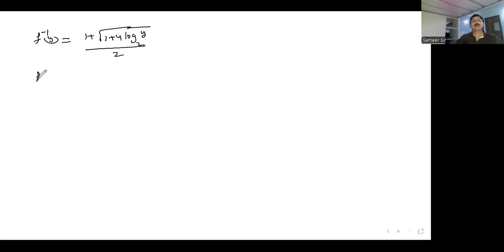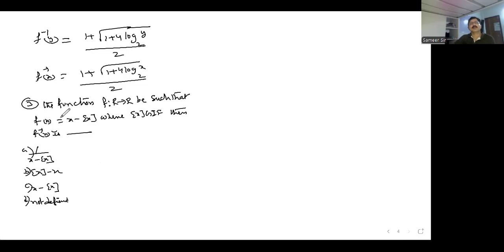So finally, what you can write? f inverse x, you replace y by x here: 1 plus under root of 1 plus 4 into log x base 2, divided by 2. We got it like this. Okay, we'll move on to the next one.